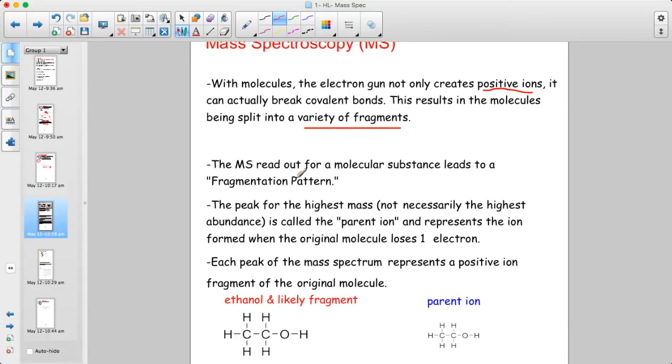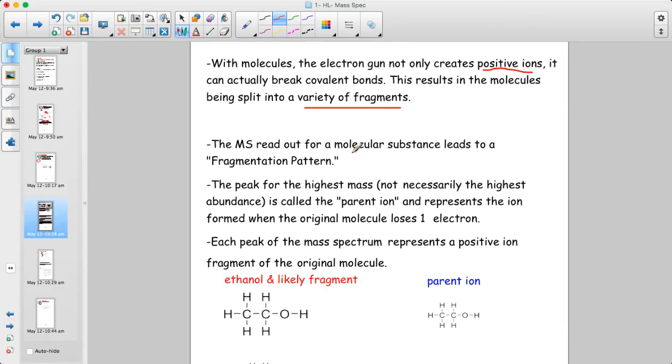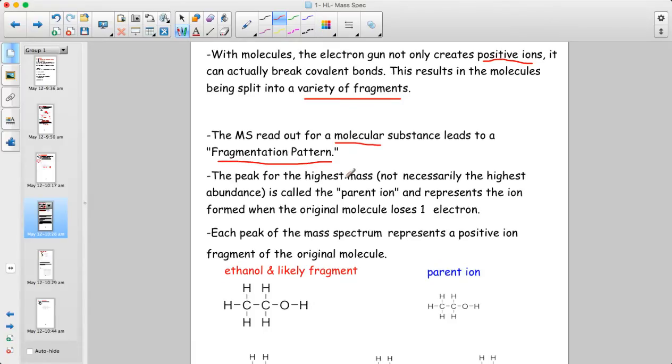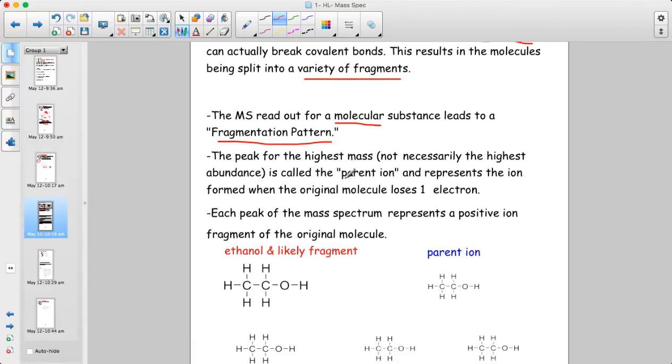So when you get a mass spec readout for a substance that's a molecule, instead of just a single atom like the isotope readouts, what you are looking at is a fragmentation pattern. So you've taken these molecules and basically shattered them apart, and they've created all these little pieces of these molecules. And the machine can detect how heavy the different pieces are.